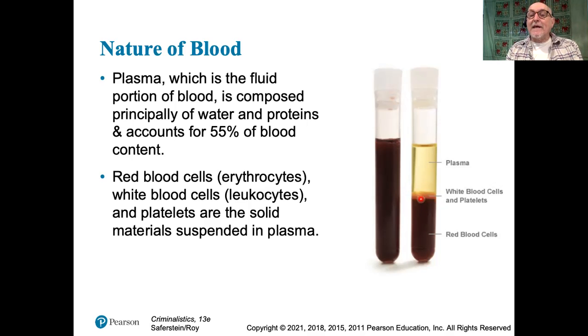But look carefully here, and you'll see that there's a layer here of white blood cells. And white blood cells become very important in forensic science because white blood cells have a nucleus. Red blood cells do not. But white blood cells contain DNA, which can be typed to an individual.